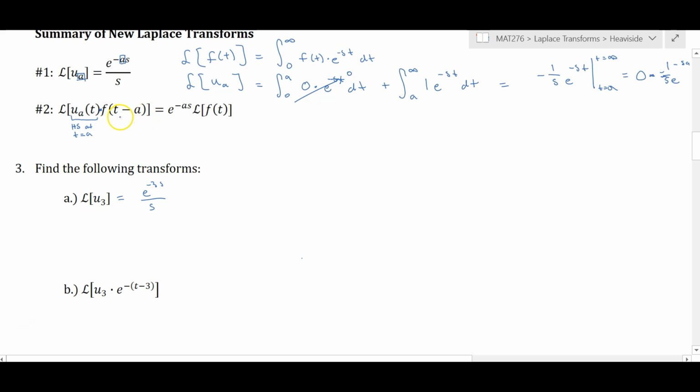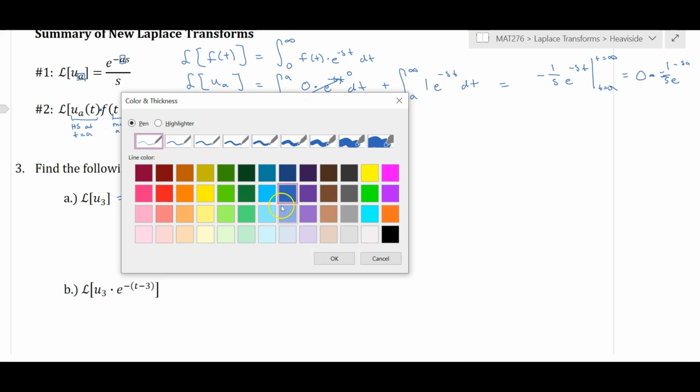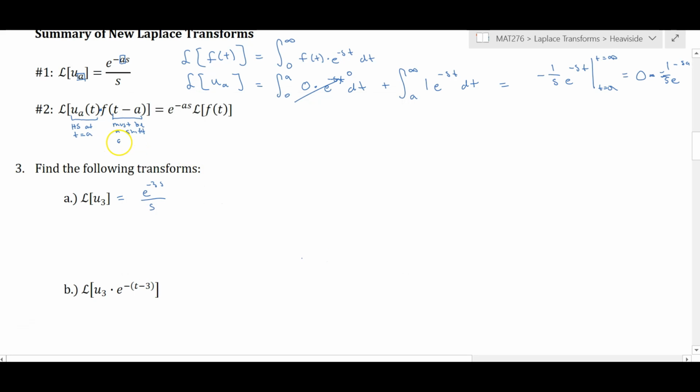Technically you could say to the left, but we don't deal with negative time very often, so it makes sense that this would always be a shift to the right.